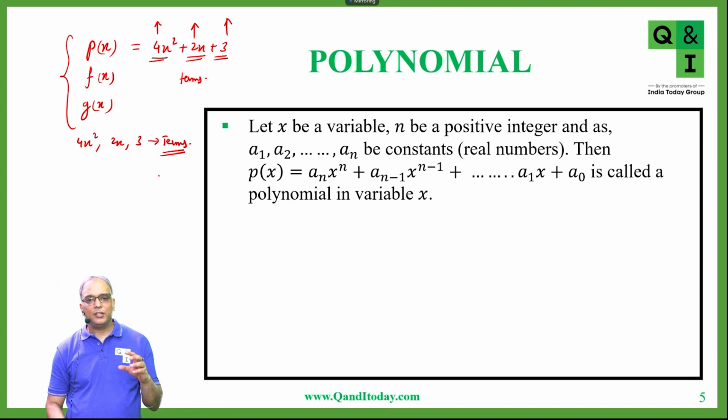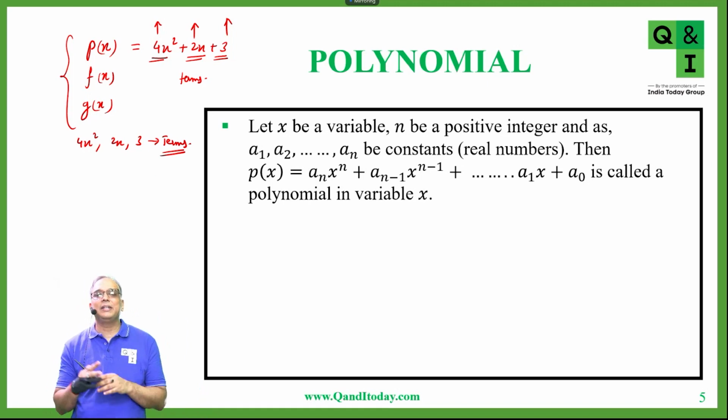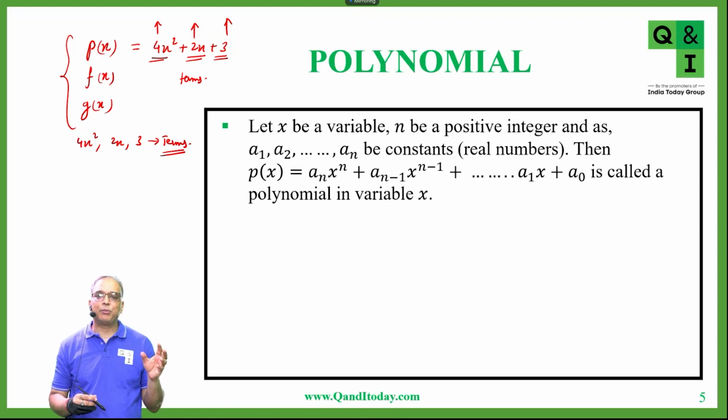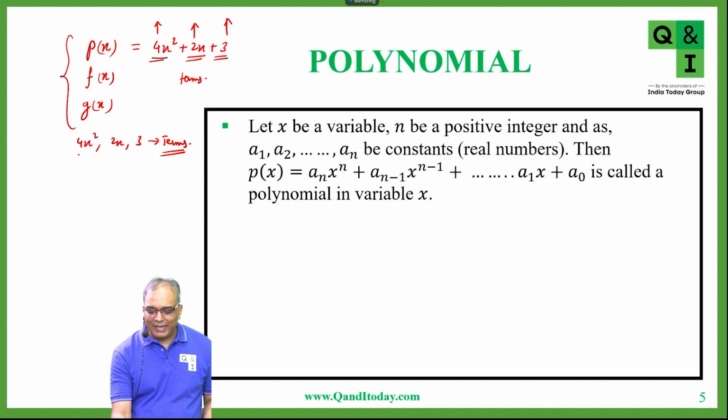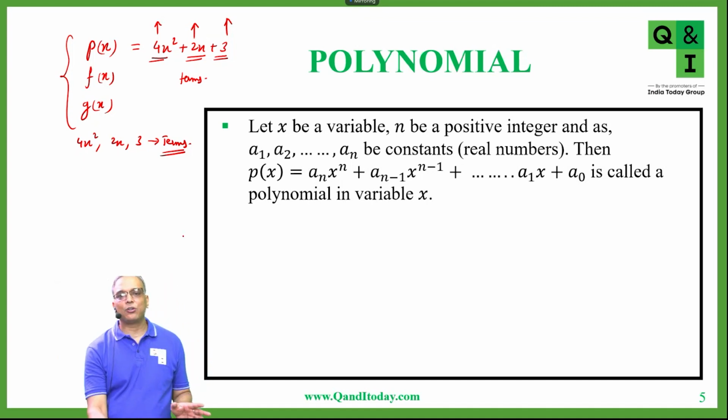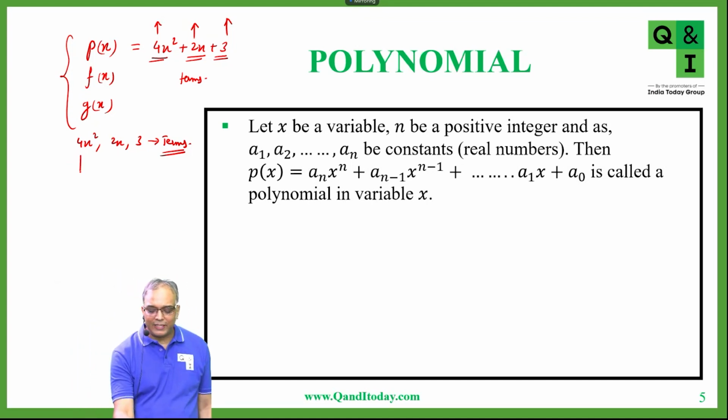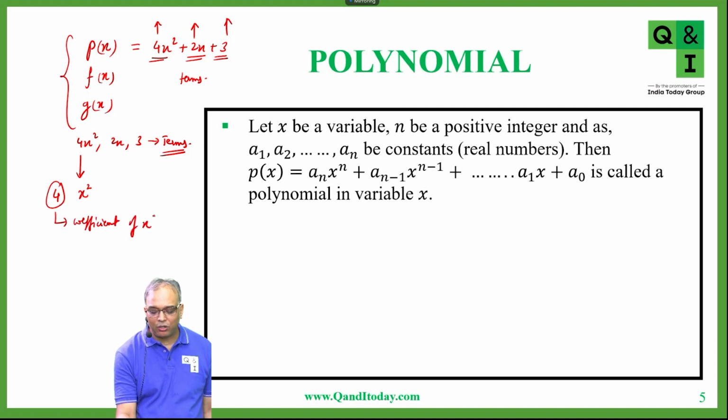Now, these terms in an algebraic expression or in a polynomial are separated by either a positive sign or a negative sign. Every term will have a variable and a constant. In 4x square, the variable is x and its power is 2, and 4 is a number which is called the coefficient of x square.